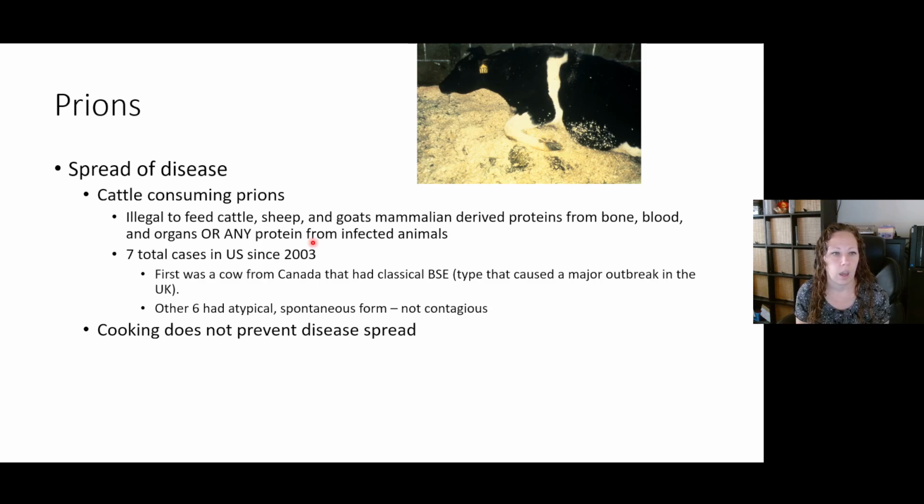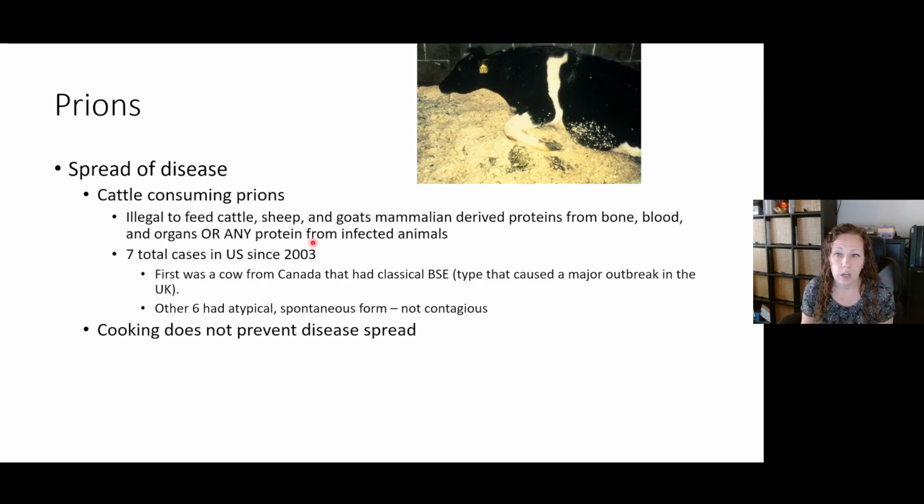They found it. Cooking does not help, and there are also a lot of extra measures taken for any cattle over 30 months of age. If they are over 2.5 years old, the carcasses are under increased scrutiny, and certain products are not allowed to be sold from those carcasses.